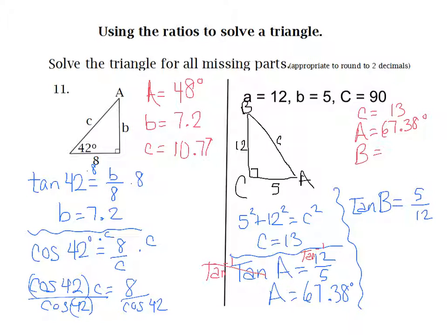In my calculator, I'm just going to type inverse tangent of 5/12. I got B to equal 22.62. And you can always check that and make sure that that adds up to 180, but I think we're good.